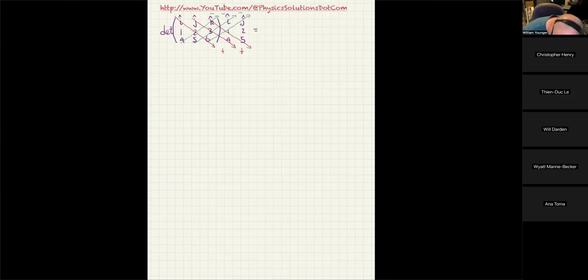Now, when I do that, notice what I get. 2 times 6 times i hat would be 12 i hat. And I'm adding to that the next red arrow. So that's 3 times 4 times j hat, that's 12 j hat. And now I'm adding the next red one, which is 1 times 5 times k hat. So that's 5 k hat.